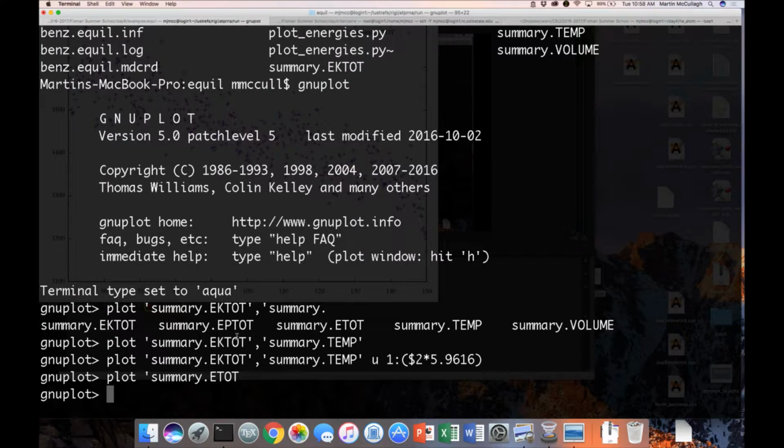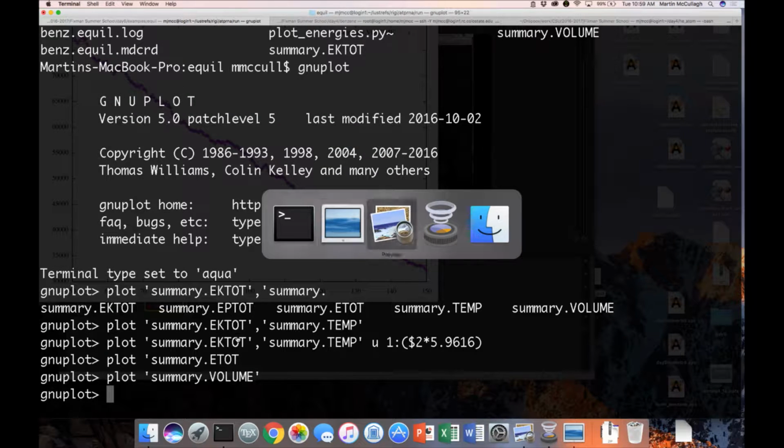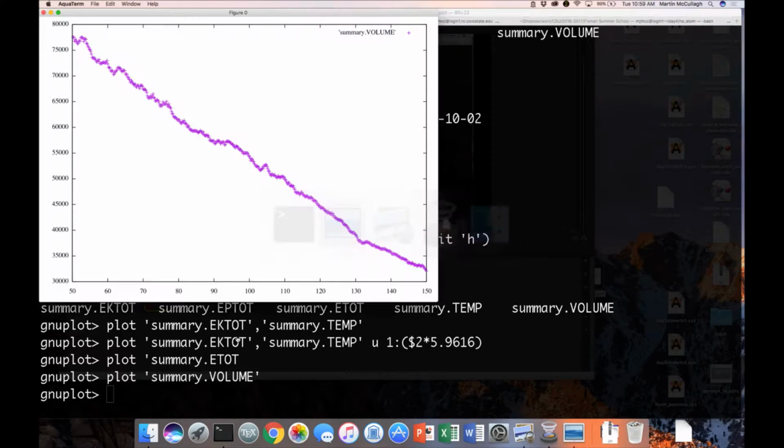And then you can plot the volume of the center simulation box as we ran the simulation. And you notice that, once again, it is just decreasing very rapidly.